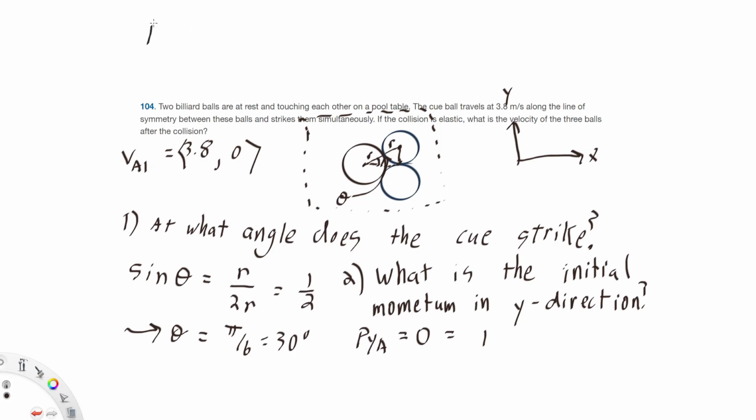So if the external forces are 0, that implies no change in momentum. Which means if the initial momentum in the y direction is 0, so is the final momentum in the y direction. So the y momentum at time A is 0, therefore the y momentum at time B is 0.